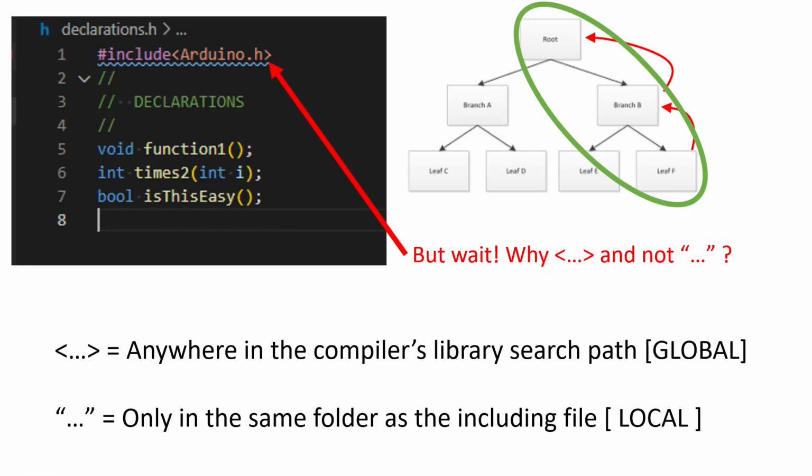First one's there, and that allows us to then have like a branch down here where we call Arduino.h from the declarations file, because you can nest them like this, and indeed with complex projects you're going to need to. So one include can include a previous include, and that can include it, and so on and so on down the chain.